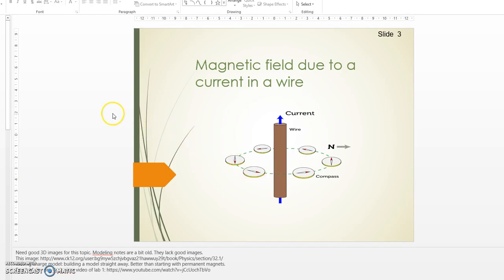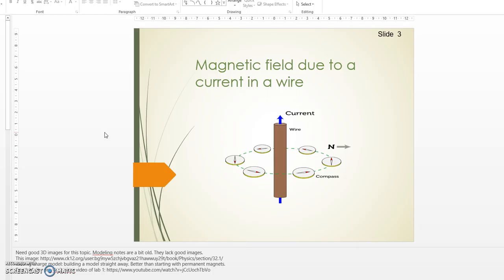One of the first things I really like about this unit is the way that they start with a magnetic field going through a wire rather than the traditional start with bar magnets. I thought this is a really good idea.